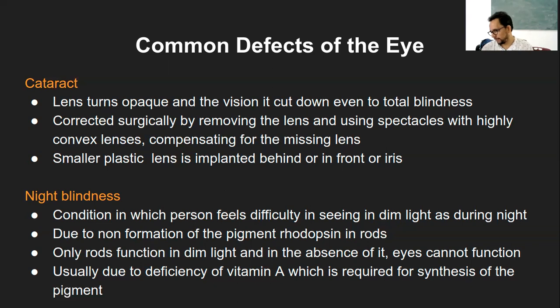So it's either the plastic lens or glasses. Yeah, plastic lens no one uses that much because you are putting an external structure, and there the chances of infection can also happen. That is the case with surgery also, but still people don't prefer the plastic thing inside.